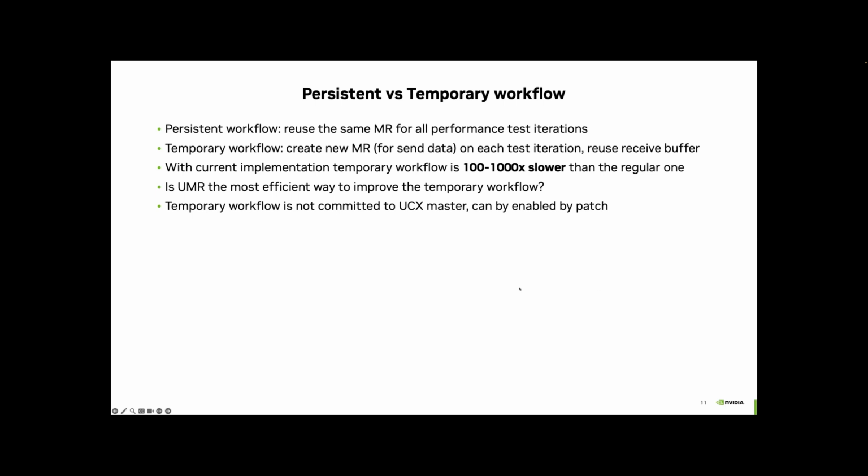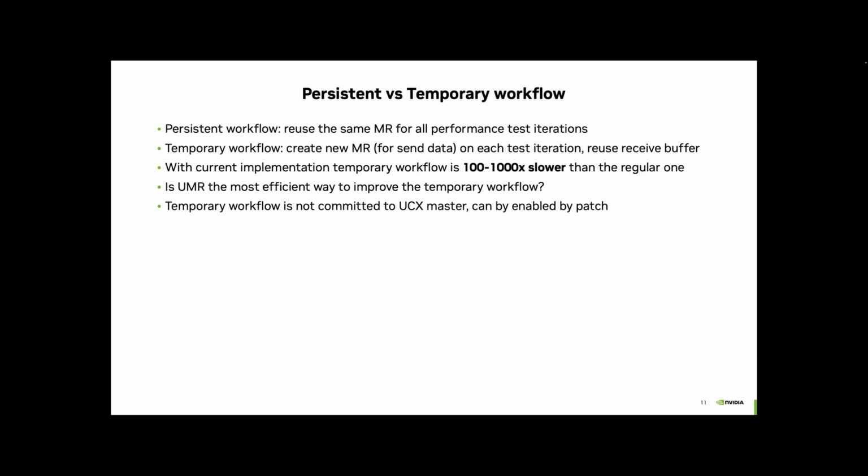And just for you to have an idea about performance of this temporary workflow, currently it's super slow compared to a regular one. It's from 100 to 1000 times slower.